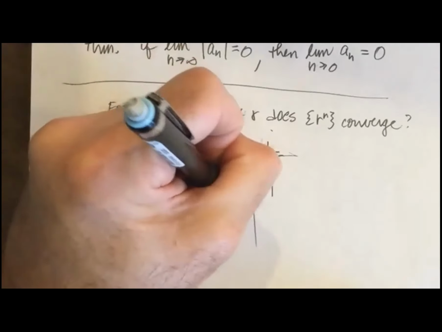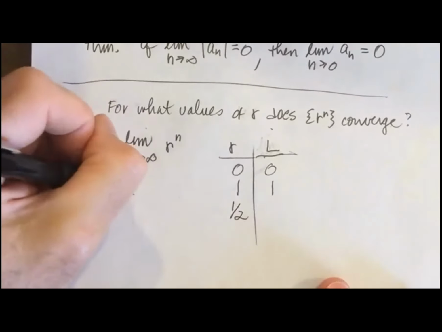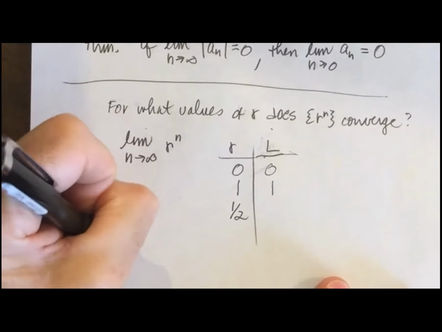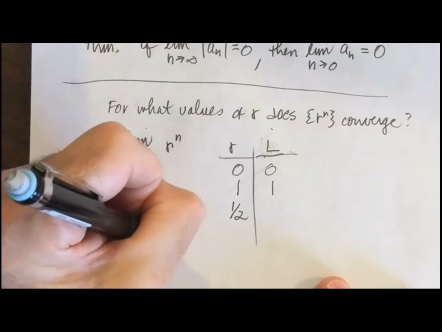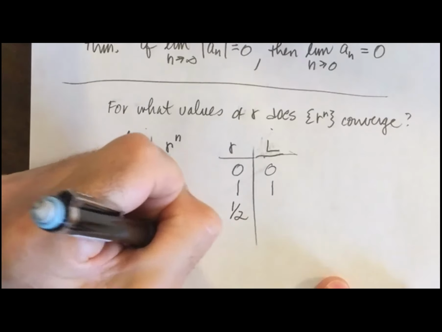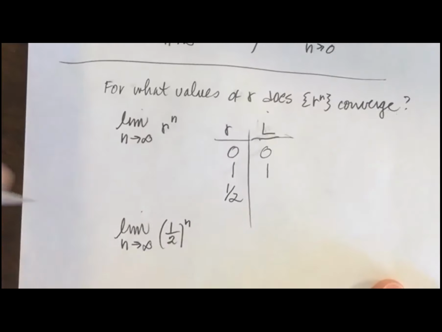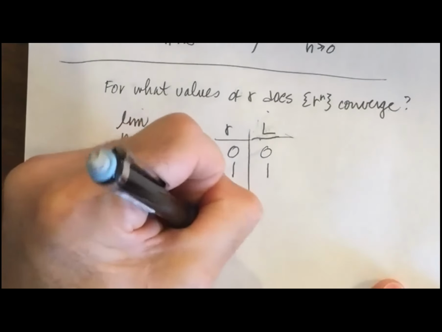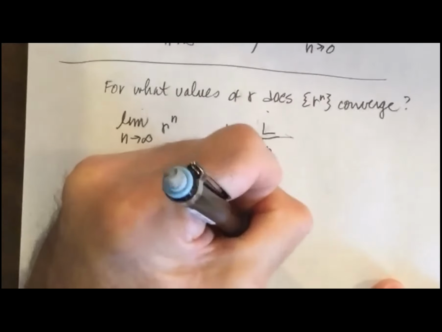Let's try some more. What if R is a half? That means I would get the limit as n goes to infinity of 1/2 to the nth power, which is the same as the limit as n goes to infinity of 1 over 2 to the n.